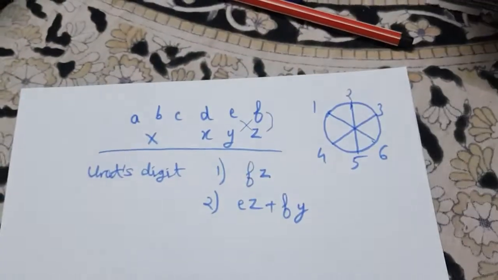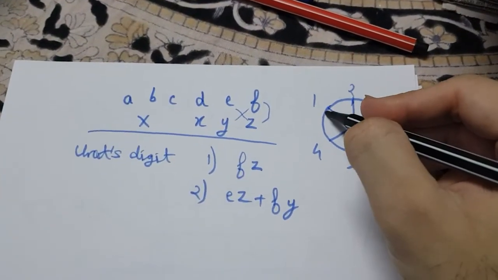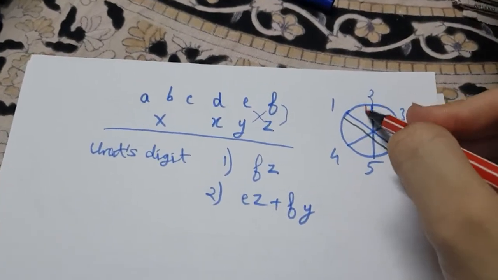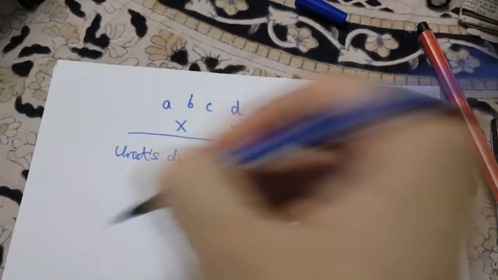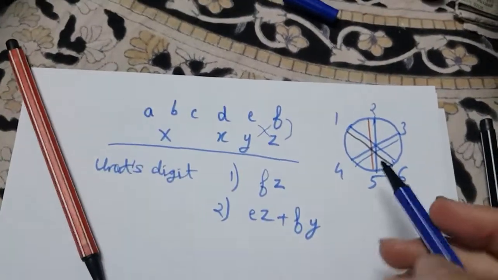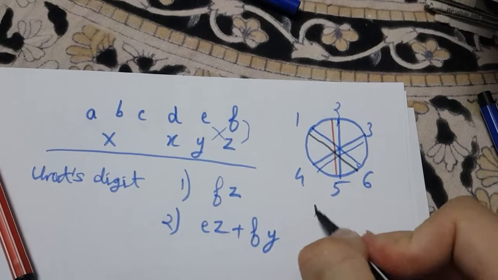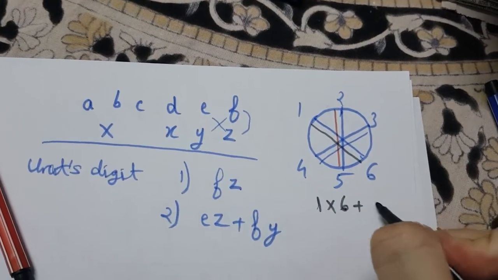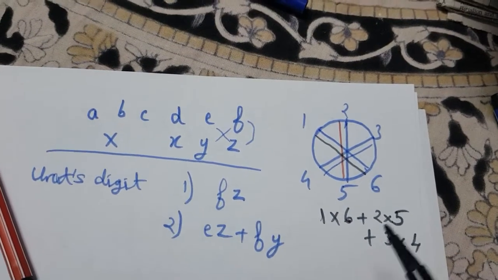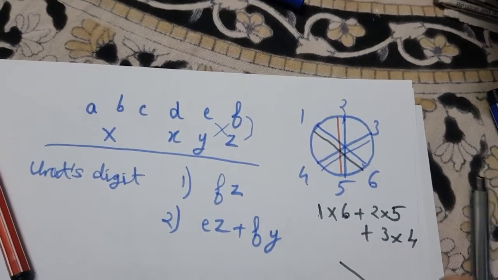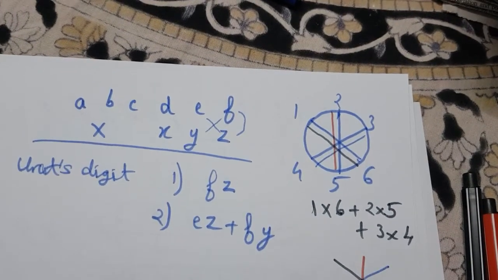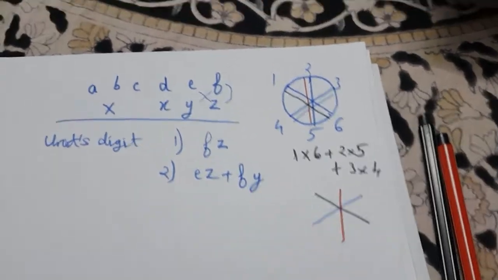Here we first multiply this number, then this number, and last this number, which means the answer will be 1 cross 6 plus 2 cross 5 plus 3 cross 4. The first step will be this, the next step this, and the last step this. In this way you have to multiply a three-digit number.